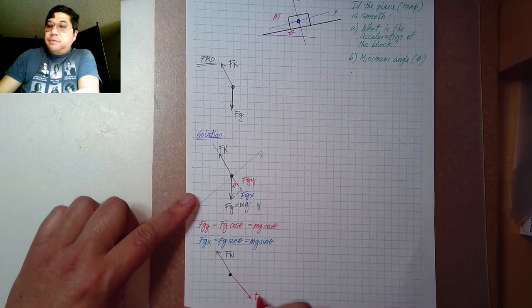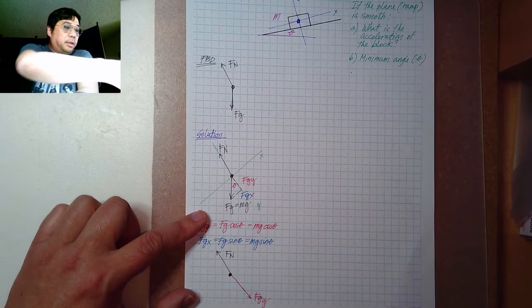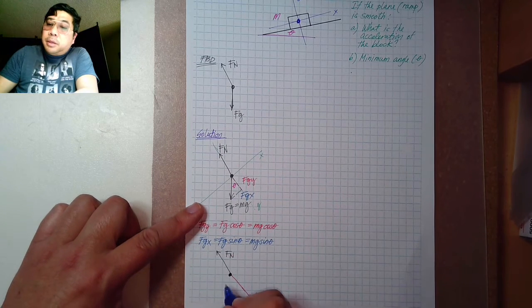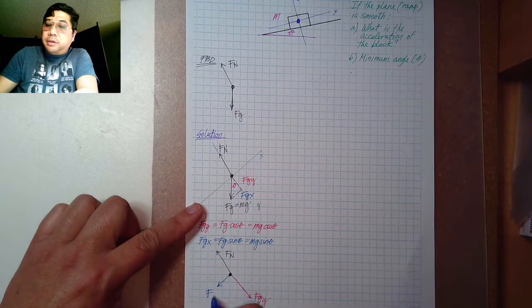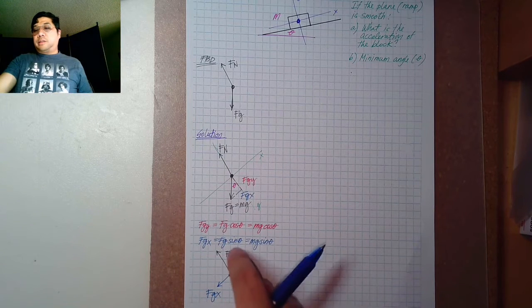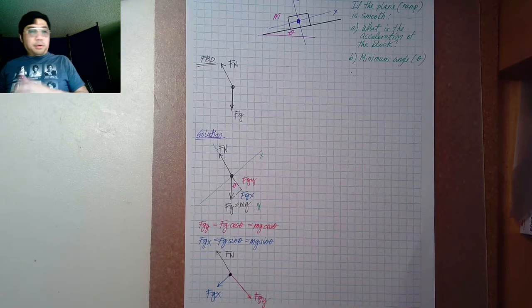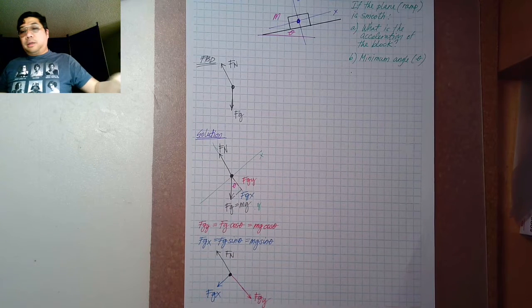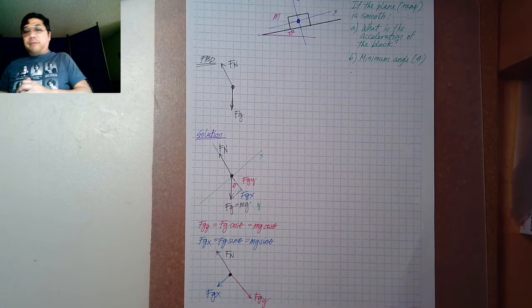So this is Fgy, and moving towards this direction is your Fgx. So Fgx, Fn, and Fgy. There's nothing opposing our horizontal component of gravity. So therefore, it will definitely move.